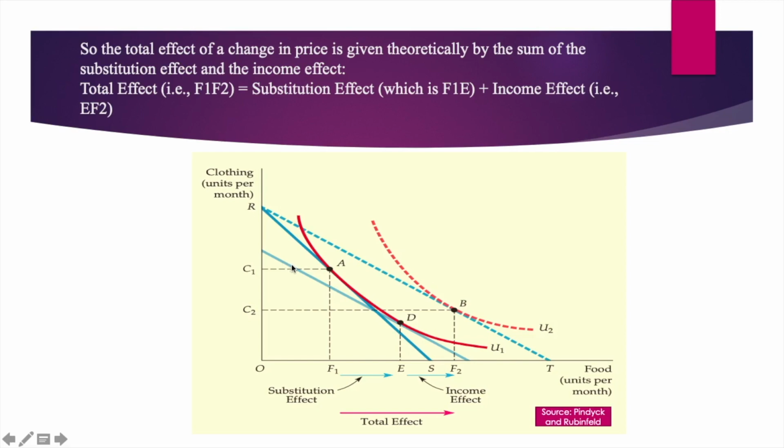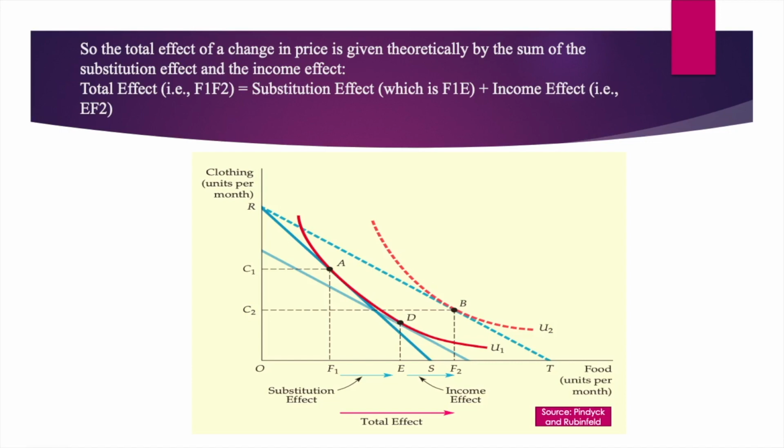We draw the budget line in a parallel way so that the slope of both these budget lines are similar, that is, we are making the price ratios similar for these lines. This newly constructed budget line is tangential to the original indifference curve U1, holding the level of satisfaction constant.